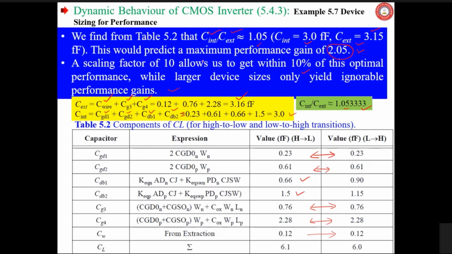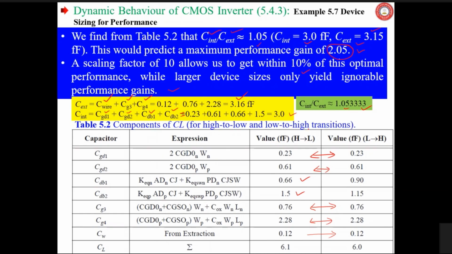This would predict a maximum performance gain of 2.05. A scaling factor of 10 allows us to get within 10% of this optimal performance. While larger device sizes only yield negligible performance gains, too much gain may not be available.